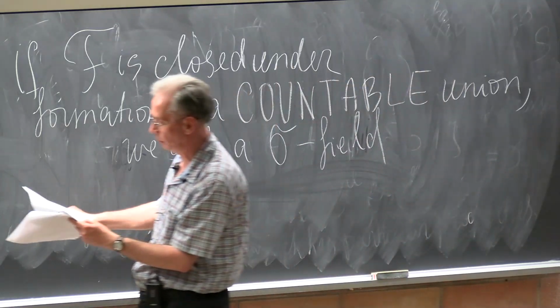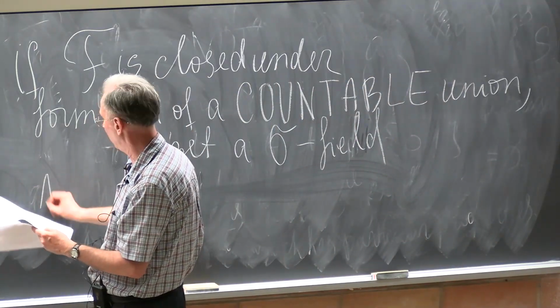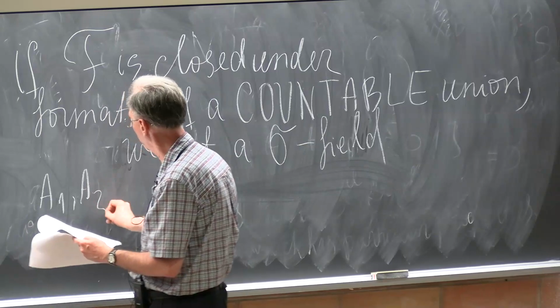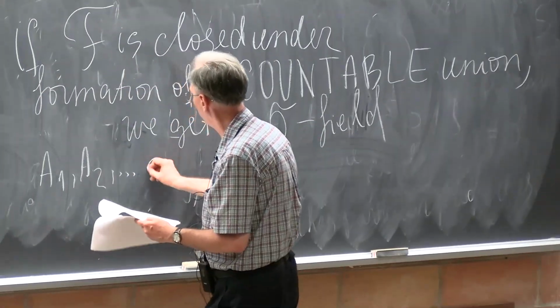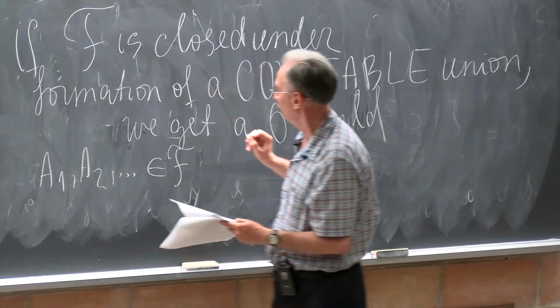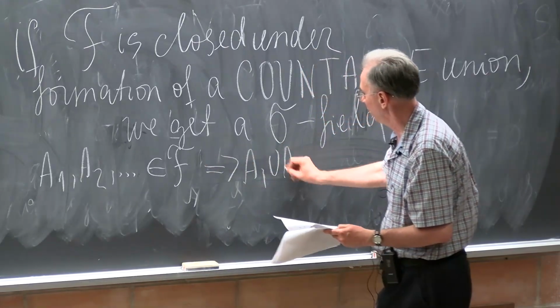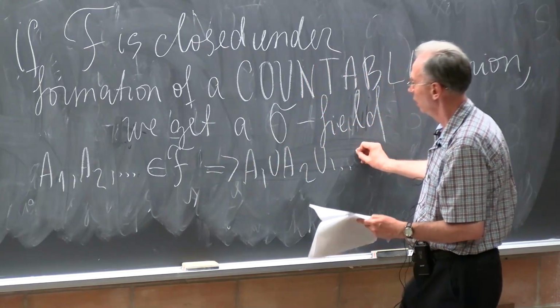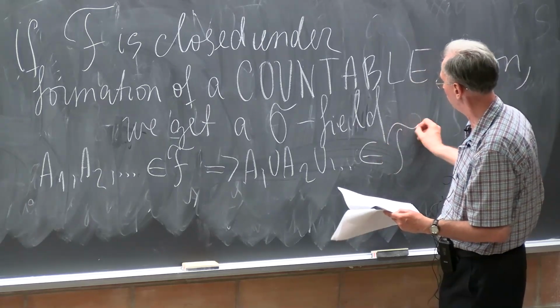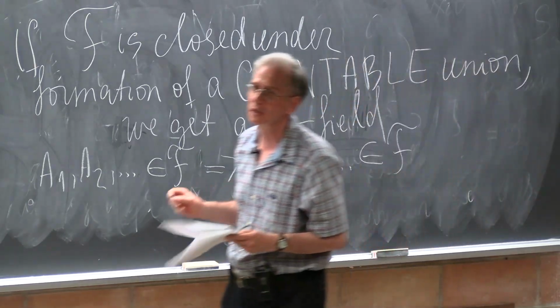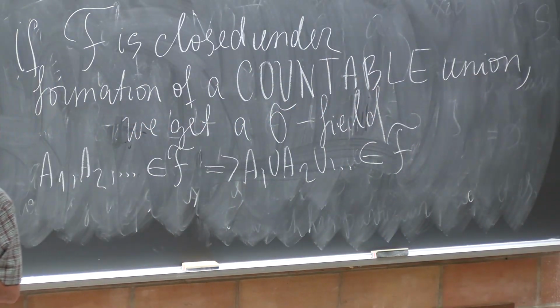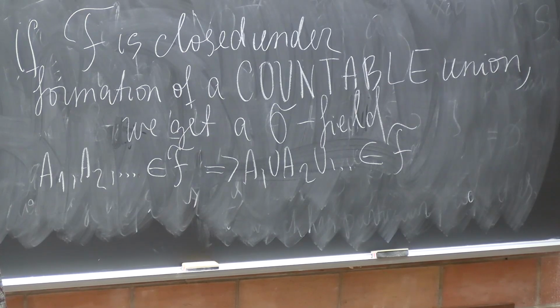So this property 4 means that the fact that A1, A2, etc. belong to this sigma field F implies that their countable union also belongs to this sigma field, and hence we should be able to determine the probability of such an event to occur.